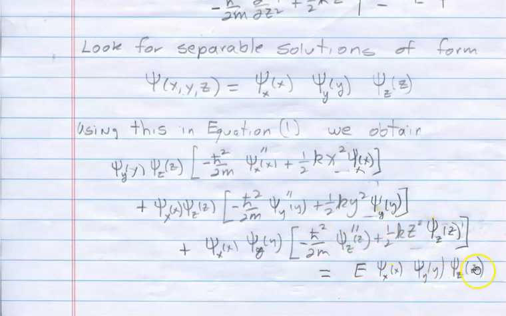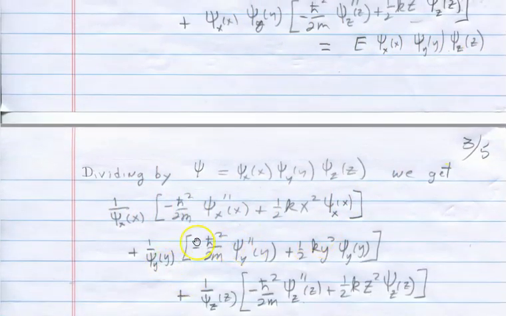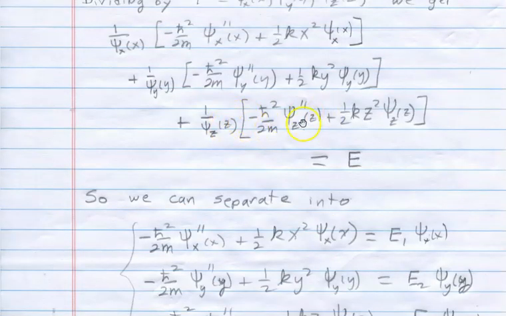And then I divide through by the full wave function, so I divide the whole equation through by psi x, psi y, psi z. And pretty obviously, when I divide out by this, I'll get 1 over psi x times this x term, 1 over psi y times this y equation, and 1 over psi z times this z term, equal to a constant.